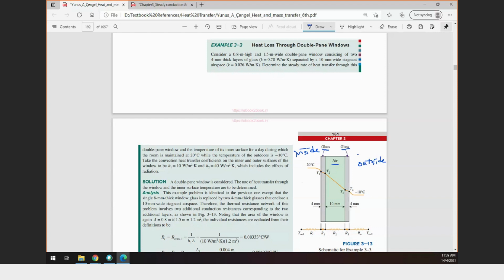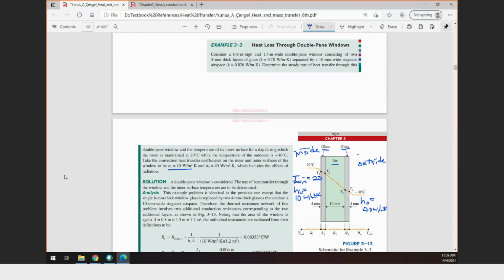So the T surrounding inside is 20 degrees Celsius, and the heat transfer coefficient inside is 10 watt per meter squared Kelvin. While the outside is negative 10, and h outside is 40 watt per meter squared Kelvin.